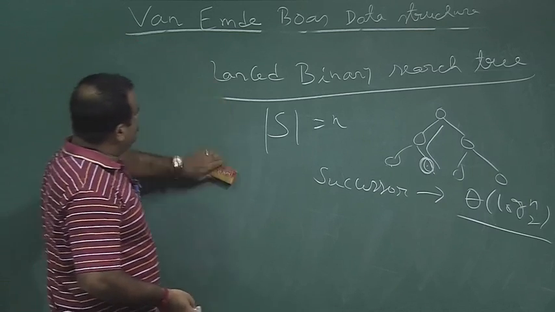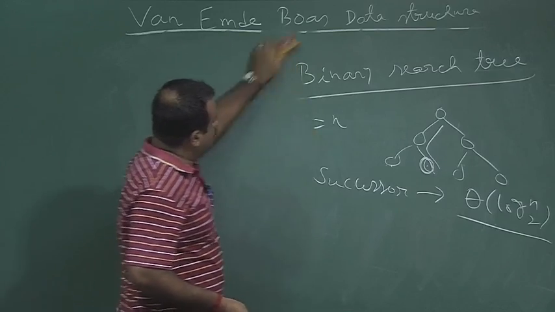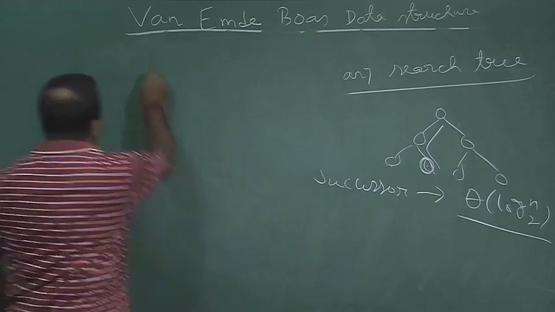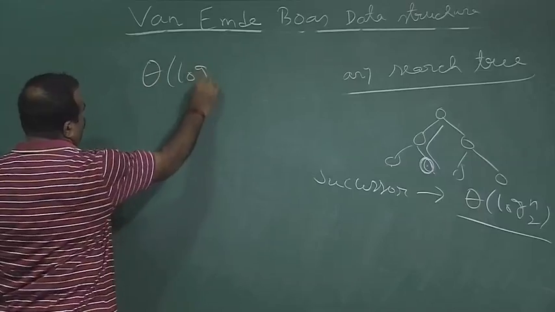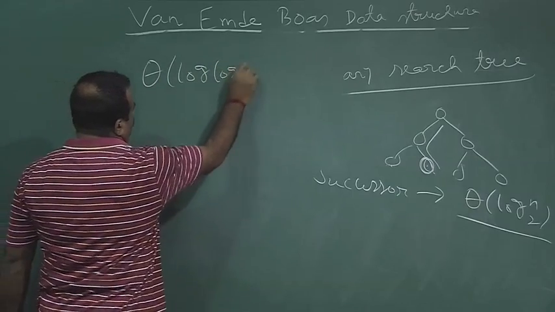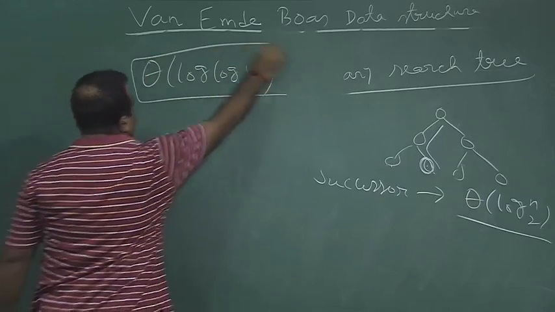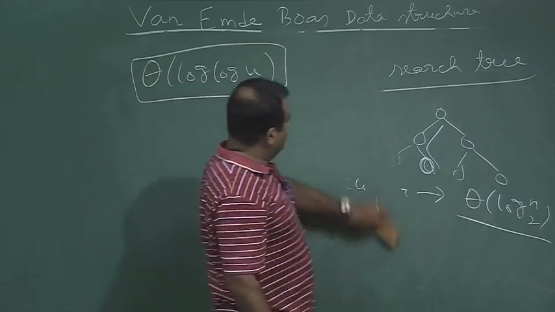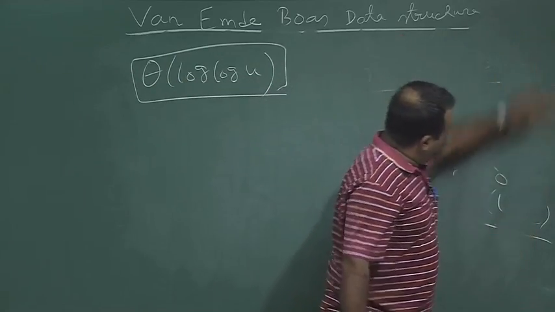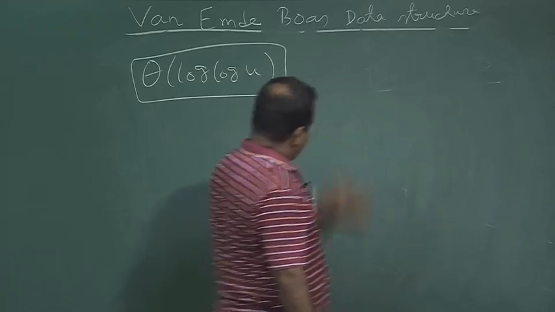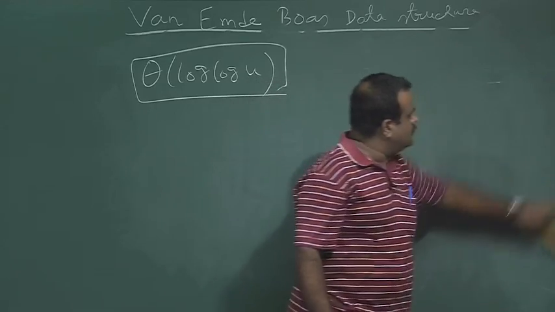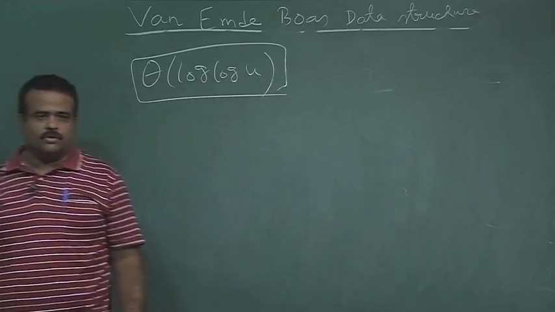Now we want to do something better than this. We want to do this in order of log u time. That is our target. We want to do the successor query or insertion in the order of log u.